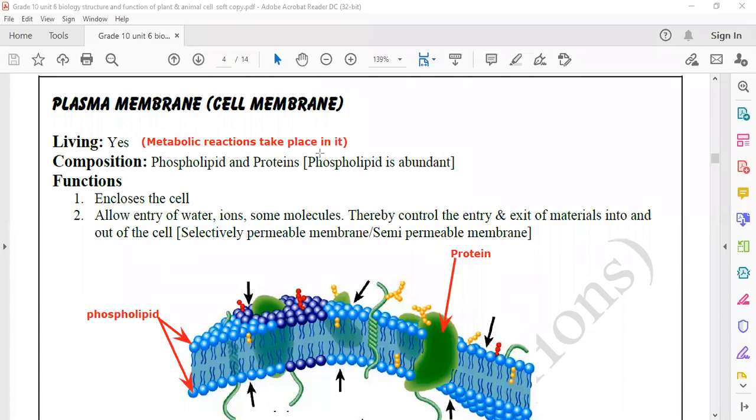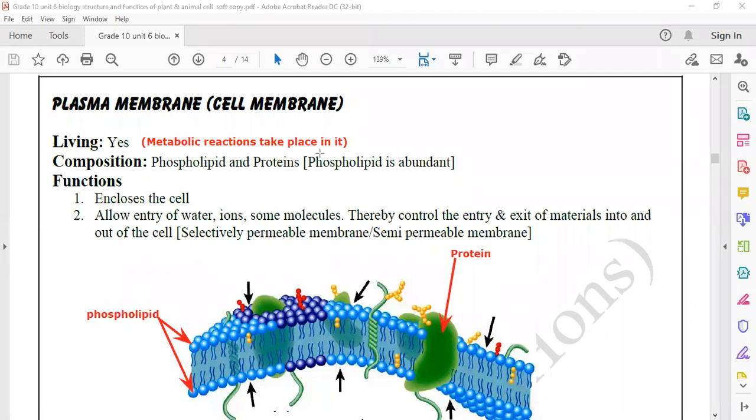The same thing is done by the plasma membrane. Any material going inside the cell, plasma membrane has to allow it to go in. Any material going out of the cell, plasma membrane has to allow it. For some molecules, plasma membrane easily gives permission. For some molecules, it gives permission with difficulty. For some molecules, it never gives permission.